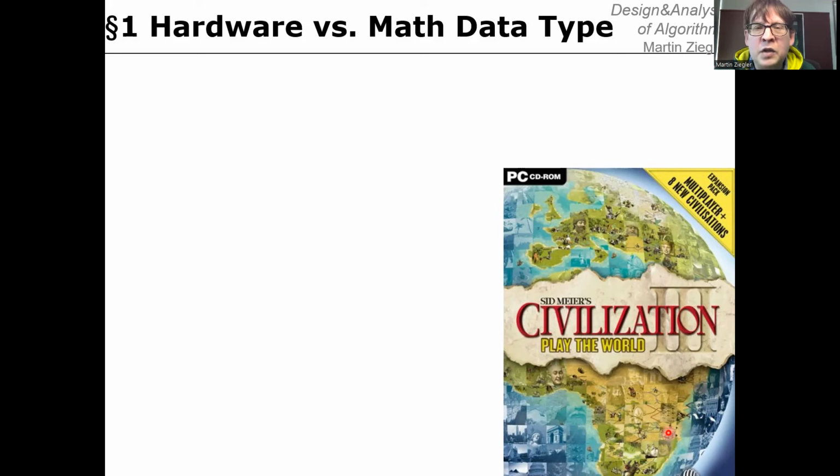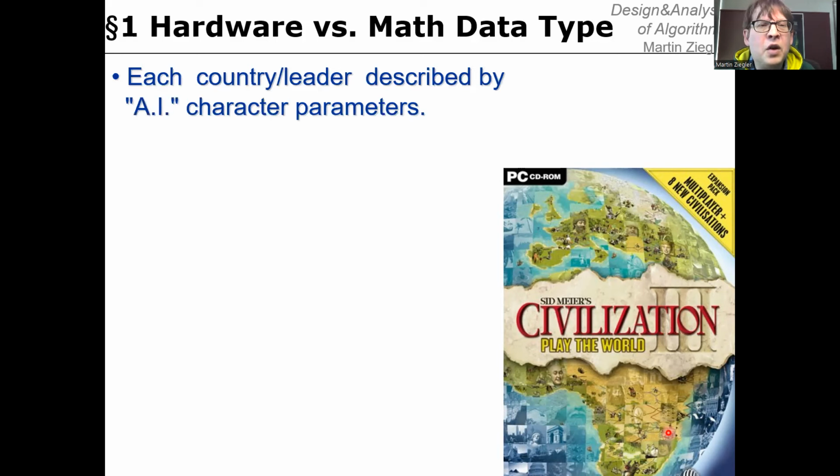In Civilization, the human player chooses some country and rules that country through the course of history from the Stone Age into the future. And the neighboring countries are ruled by the computer, by some rudimentary artificial intelligence rulers that are described by simple parameters.